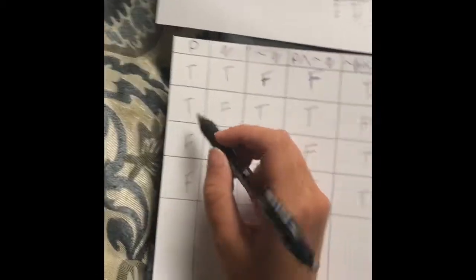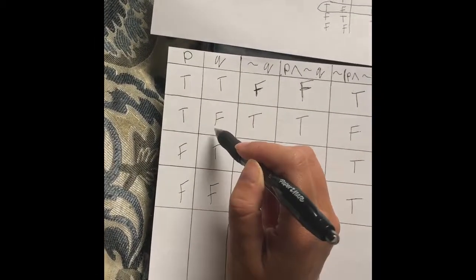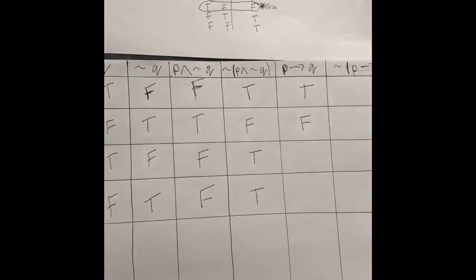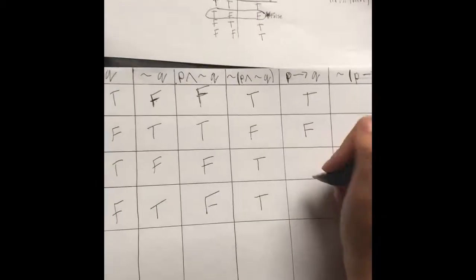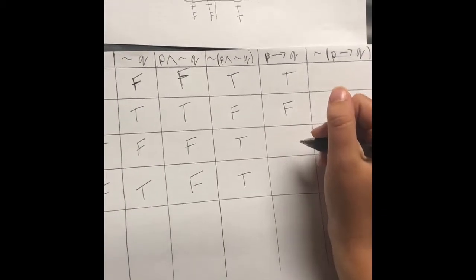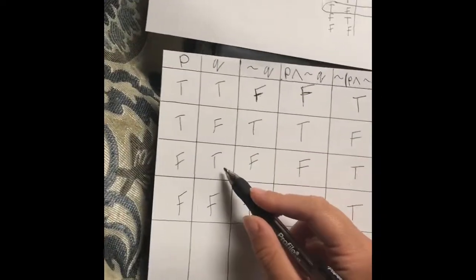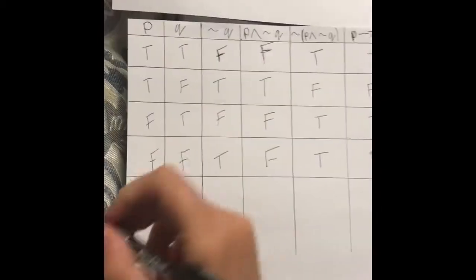And then remember the tricky part of this statement. P true, Q false. And this goes back to our example of Steve eats his broccoli, Steve will get dessert. So remember, this is our only false statement in our if-then statement. Then we have false and true, so that is true. And false and false would also be true for that column.